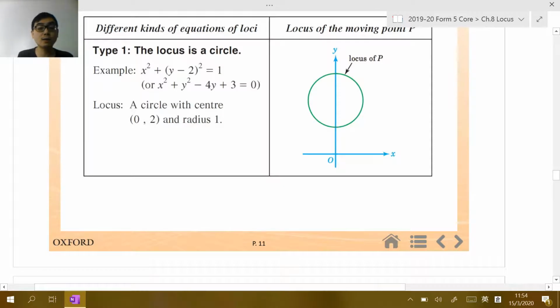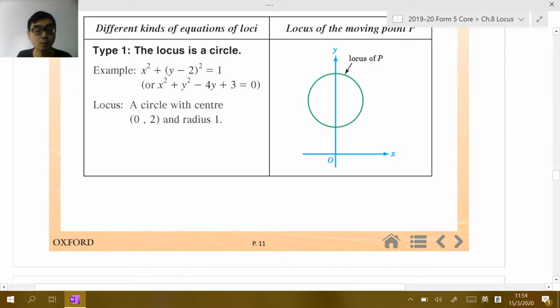As I just said, we have learned the equations of some simple figures, like circles, parallel lines, or even parabolas. So we will not ask you complicated loci, for example the circular running track, because it is not easy to describe a running track using only a single equation. Don't expect that we will ask this in DSE.